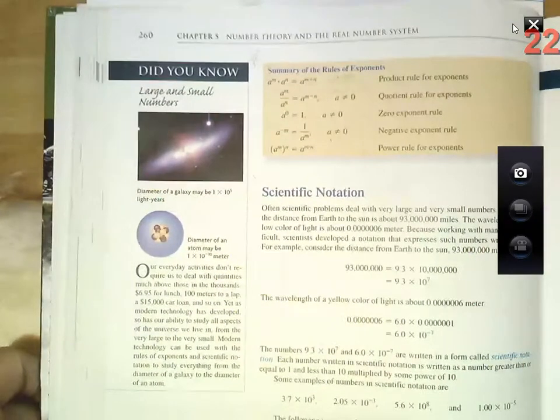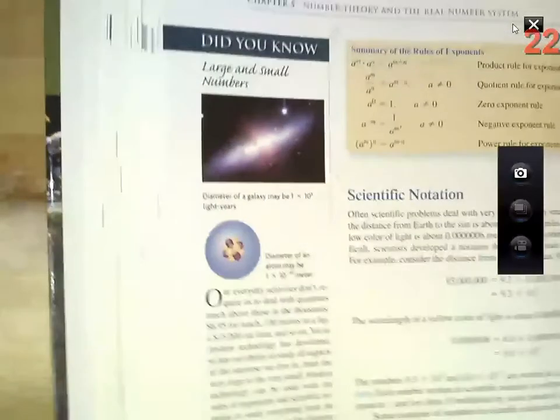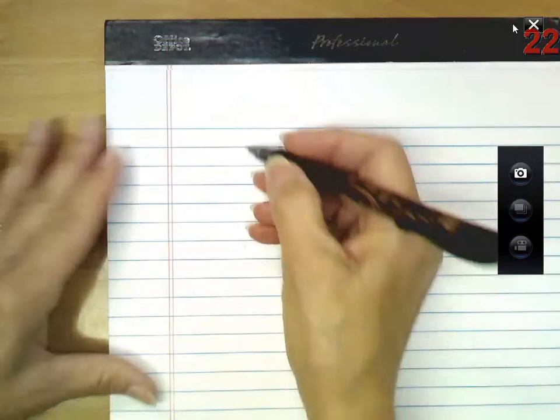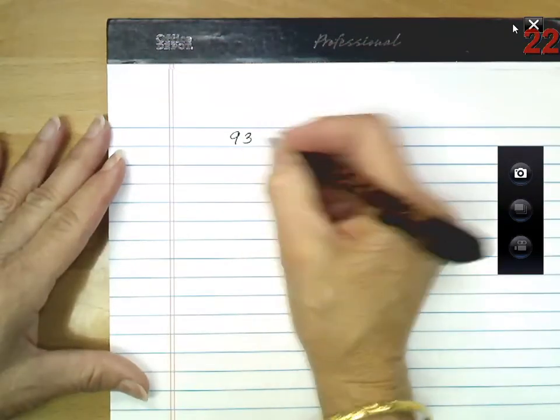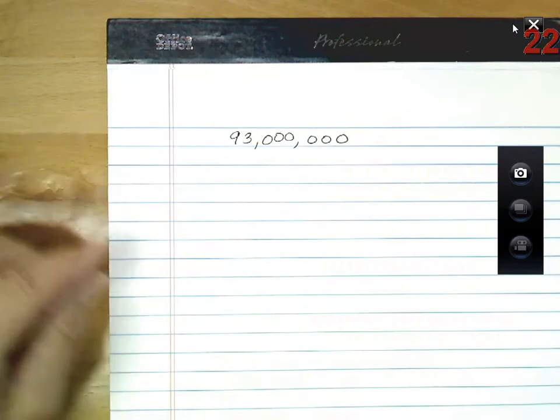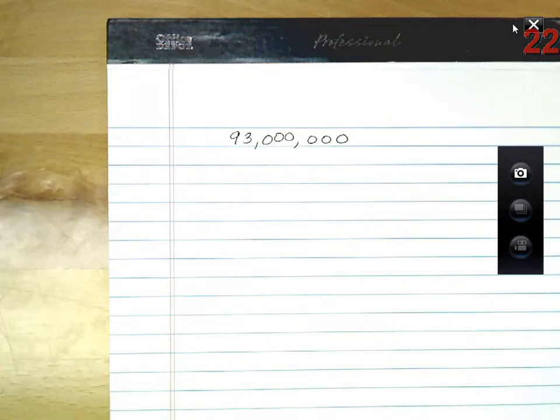261. Scientific notation. Okay. Now, scientific notation is just a way to write a large number, an easier method. So we've got something like this. Okay, and you will see scientific notation a lot in newspaper articles and things like that.